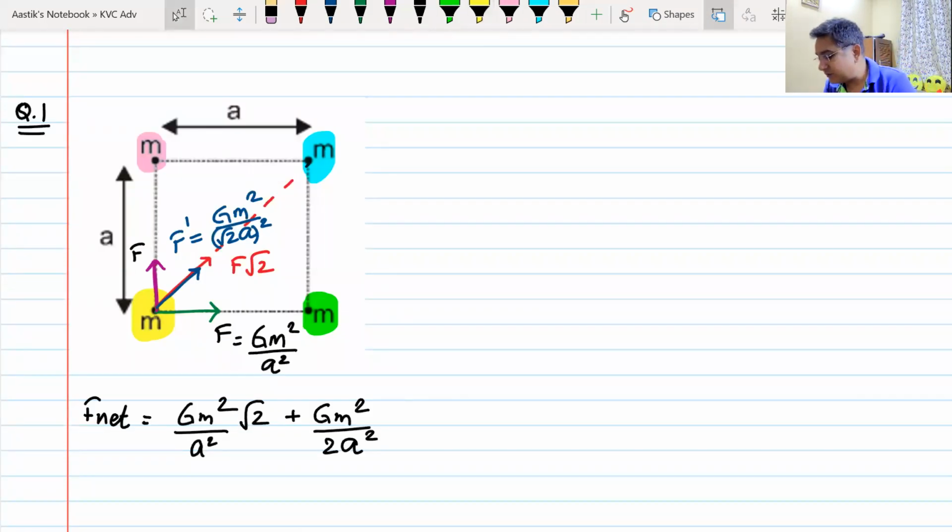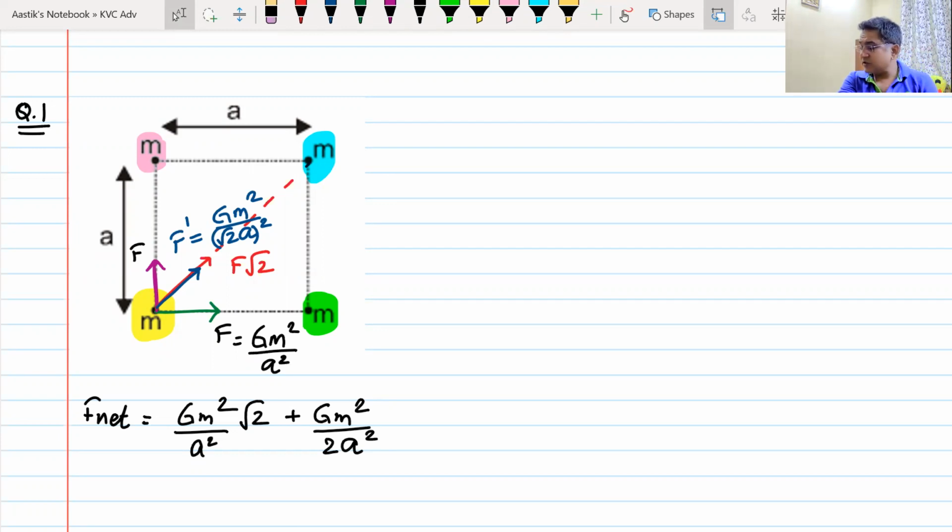In this question, we had found out the gravitational force on the yellow mass. If you just divide this force by the mass m, or if you remove that mass m from this picture, whatever remains is the gravitational field created by the other three charges, the pink, blue, and the green one, at the position of the yellow charge.